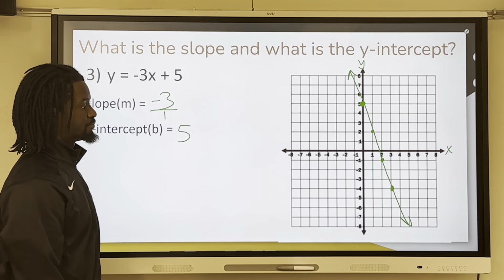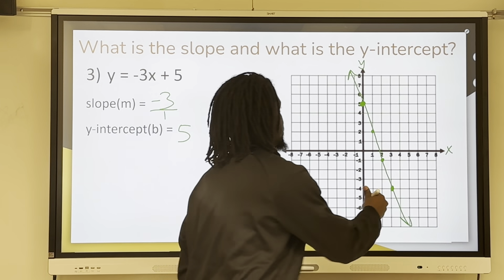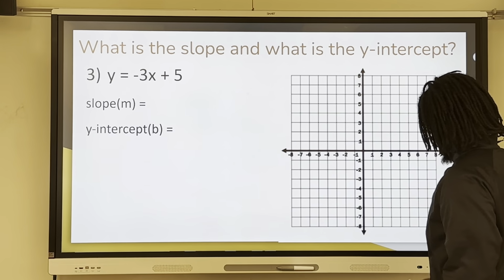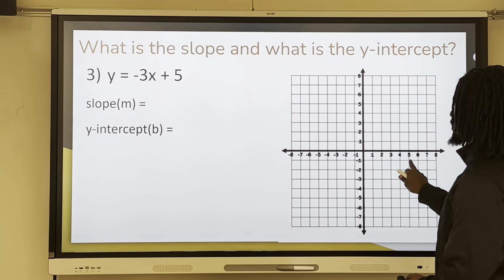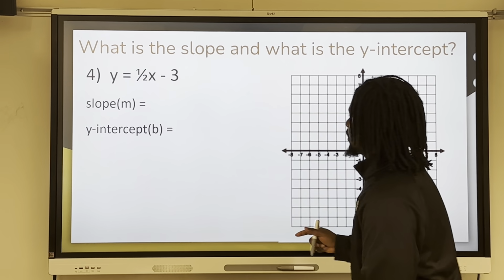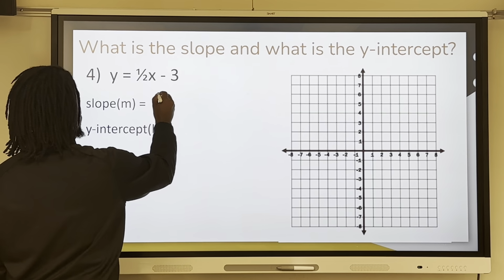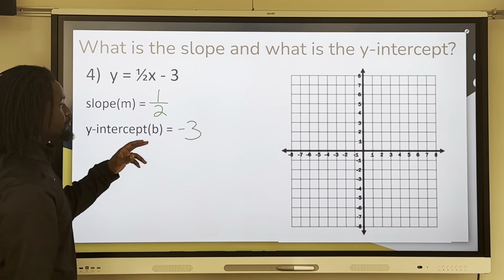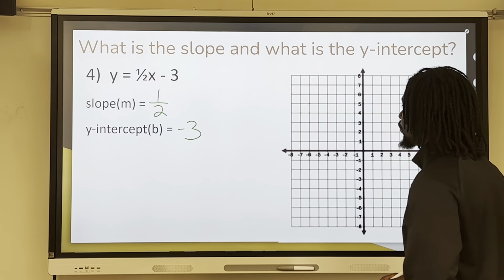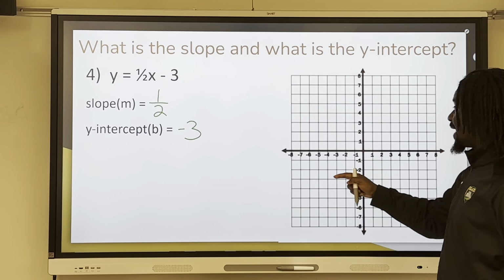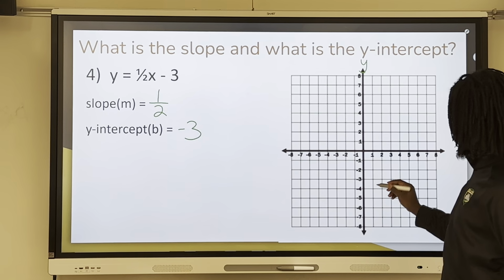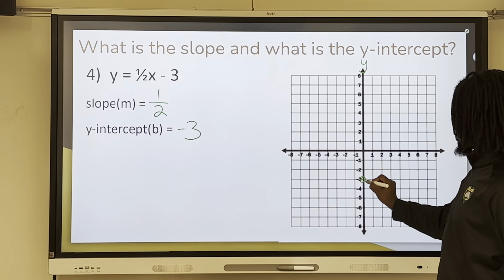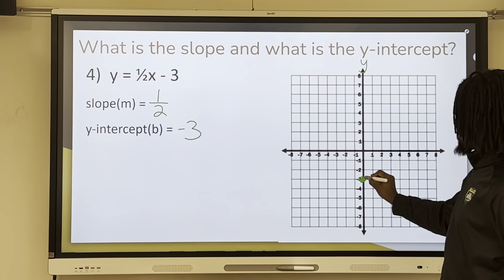and that gives me my graph for this equation, or for this function. All right. And the last one in this set, you have the slope is 1/2. The y-intercept is -3. So I'm going to start by graphing the y-intercept, which is -3. So it crosses the y-axis at -3. So I go here, make my dot.